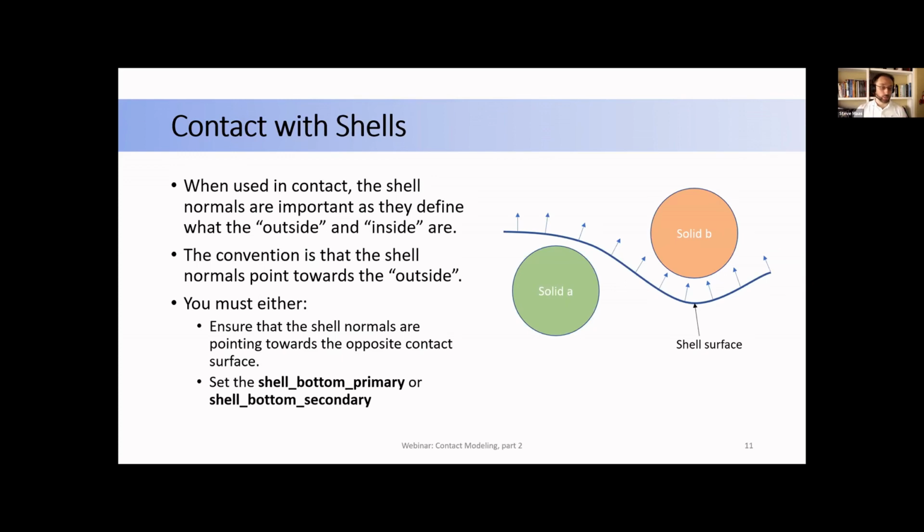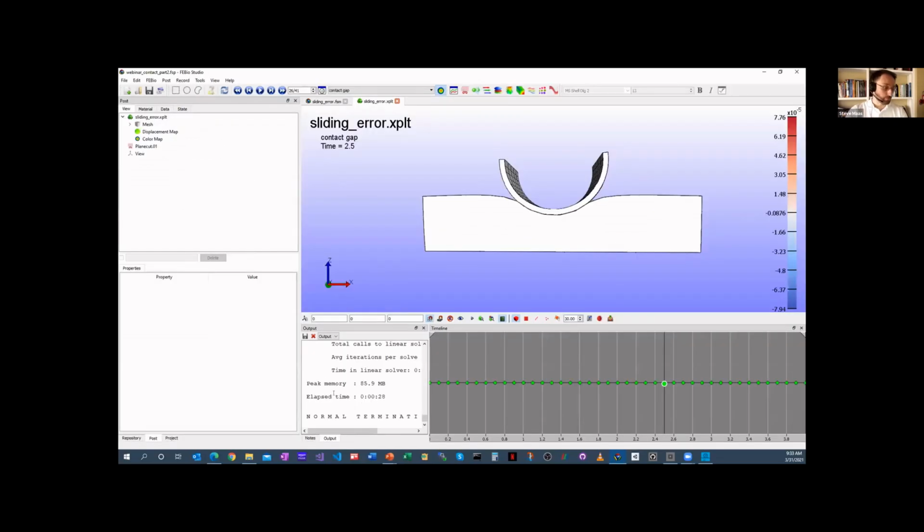Fortunately, there are a few flags that you can set to help the contact algorithms interpret the situation correctly. And so, in fact, there's the shell bottom primary or the shell bottom secondary flag that you can set depending on whether the shell is the primary or the secondary surface. Okay, so let's take a look at an example problem.